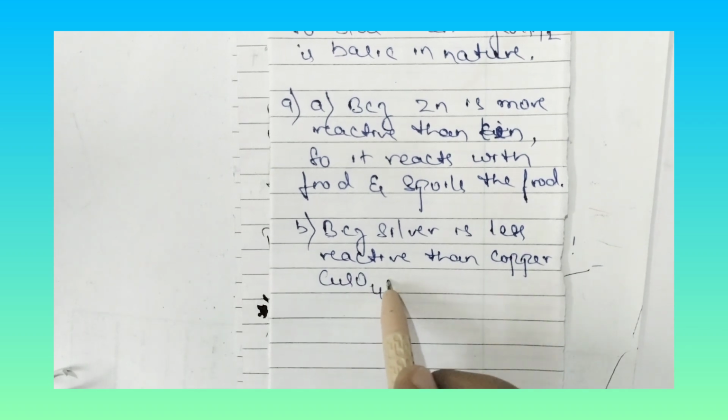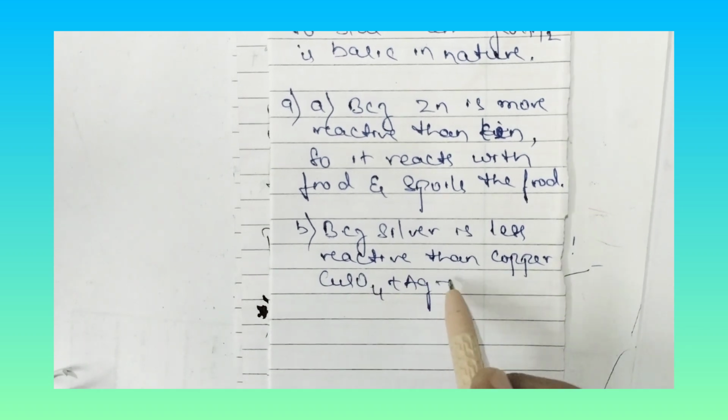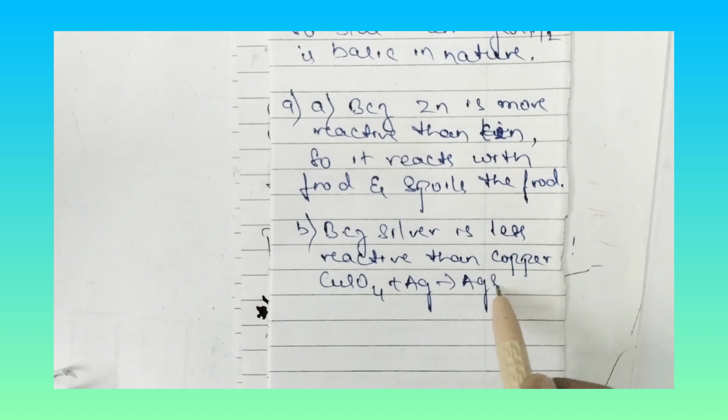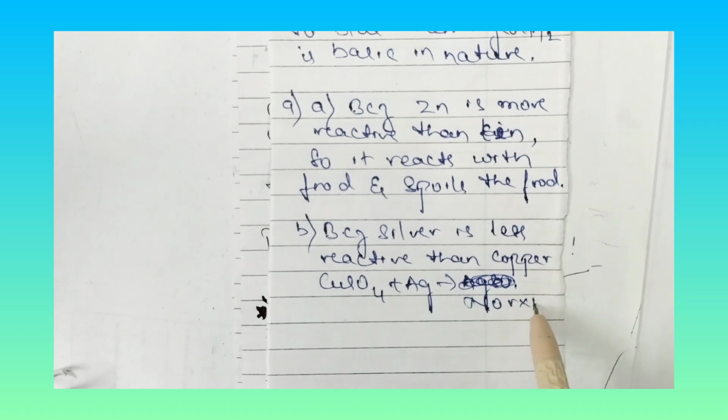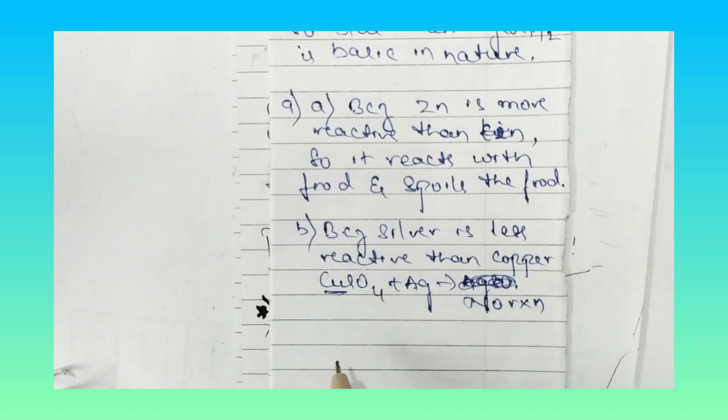CuSO4 plus Ag give rise to AgSO4. Here no reaction takes place because silver cannot displace copper.